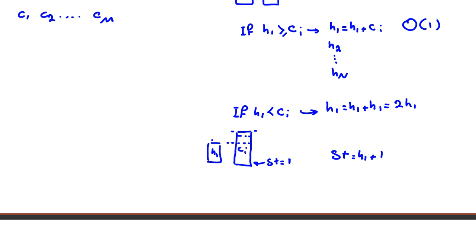For example, when h2 comes, what happens for h2? We check if the starting point is less than or equal to h2. If the starting point is less than or equal to h2, then h2 will be h2 plus this part, for example, if it is this.